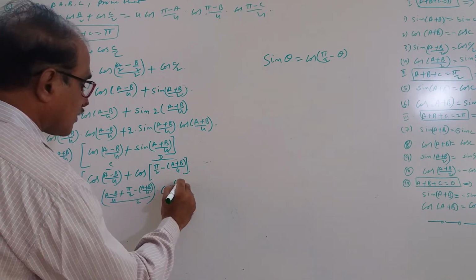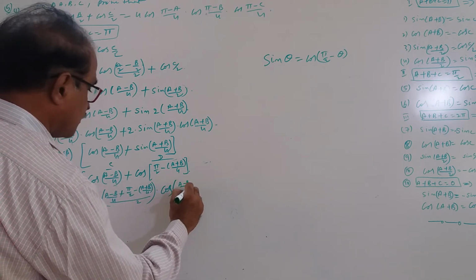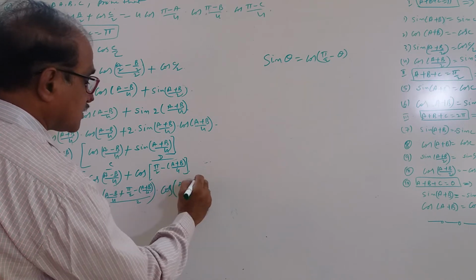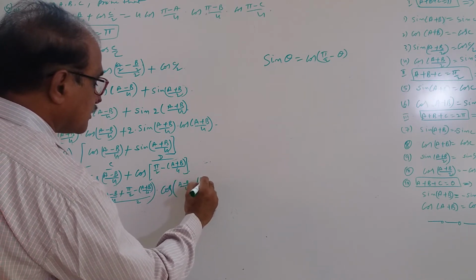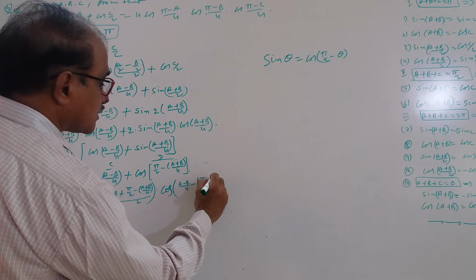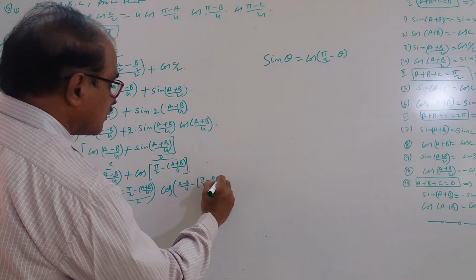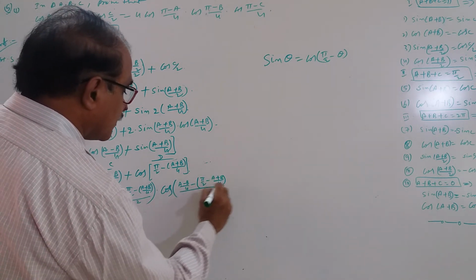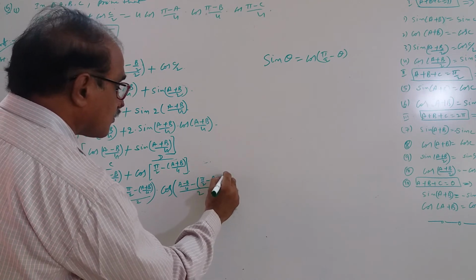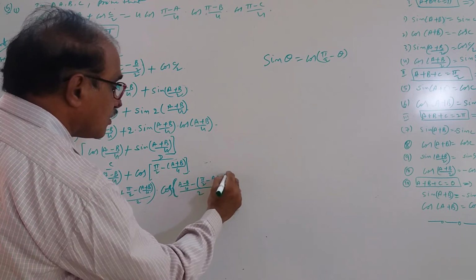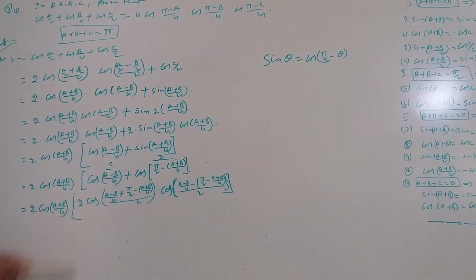That means (A minus B) by 4 minus pi by 2 minus (A plus B) by 4, whole divided by 2. By the simplification, 2 into 2, 4.